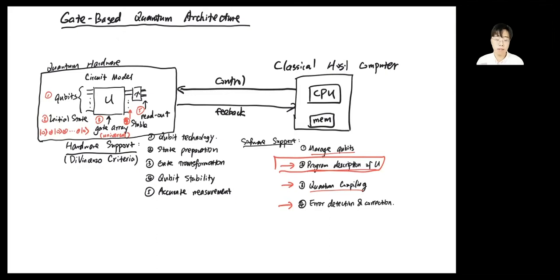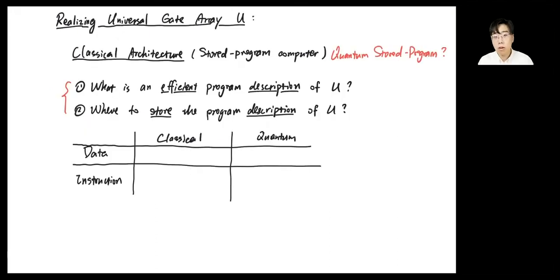Okay, so now the overall goal of this exercise is to realize a universal gate array U, or in other words, specify an arbitrary transformation U. Just like a classical program, we can store a description of the transformation U in classical memory.